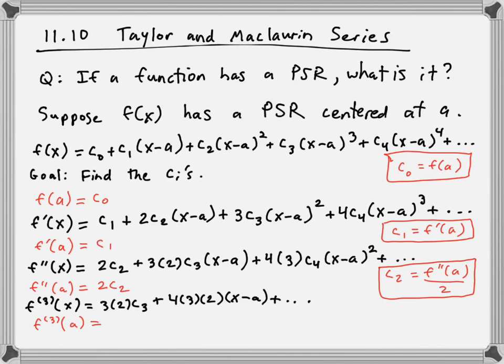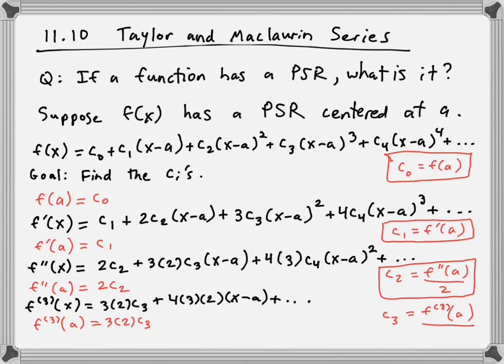Everything goes away except for 3 times 2 times C3, or if we solve for C3, we get C3 is equal to the third derivative evaluated at a divided by 3 times 2, right?